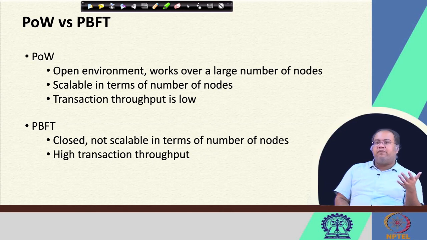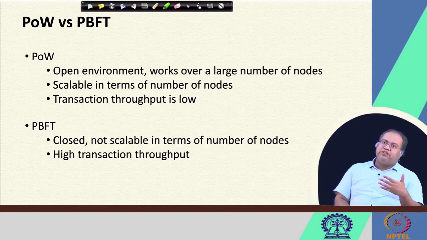So, in an open environment when you do not know who the participants in your system are, you cannot use a message passing based interface, and whenever you cannot use a message passing based interface, you cannot use the classical distributed system consensus models like the Byzantine agreement protocols.